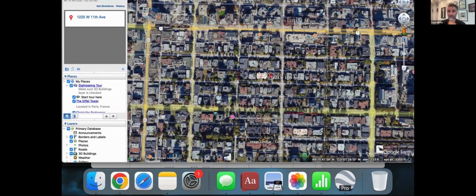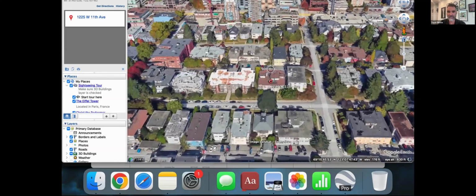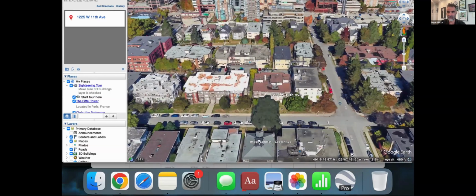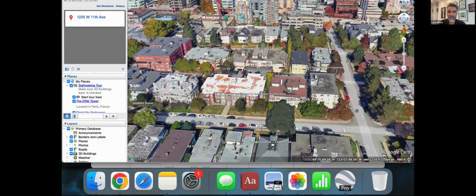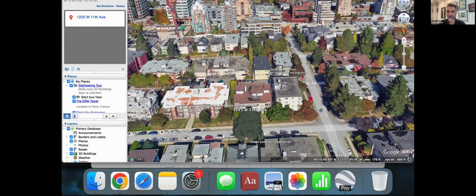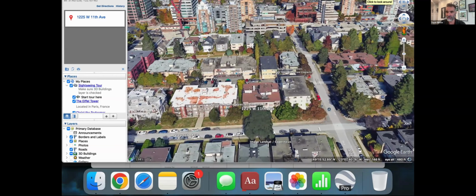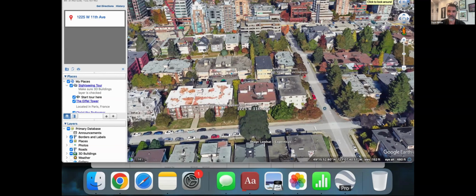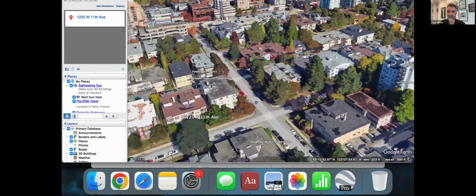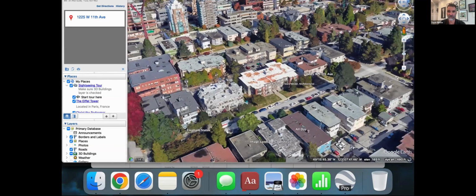Let me show you what we can do here. On the right hand side, I zoom into the building just by pushing the plus button. Then I'm grabbing the screen and moving it around. Above the street view icon, there are compass tools that turn the screen around for you.